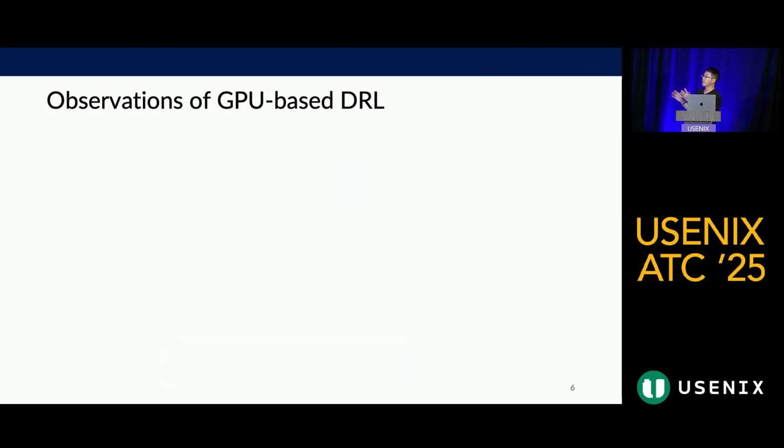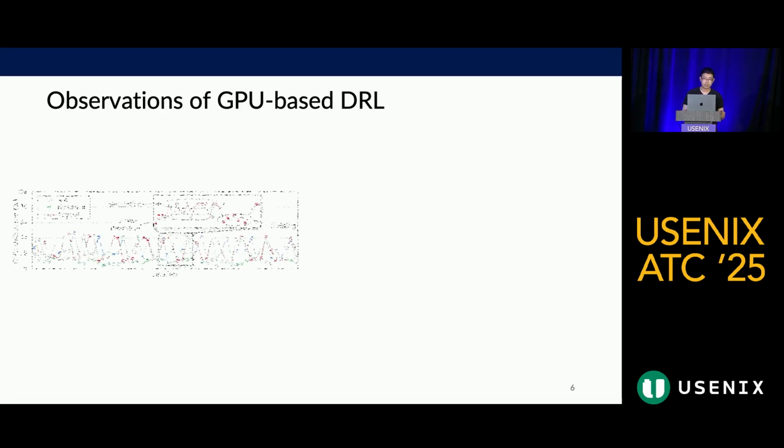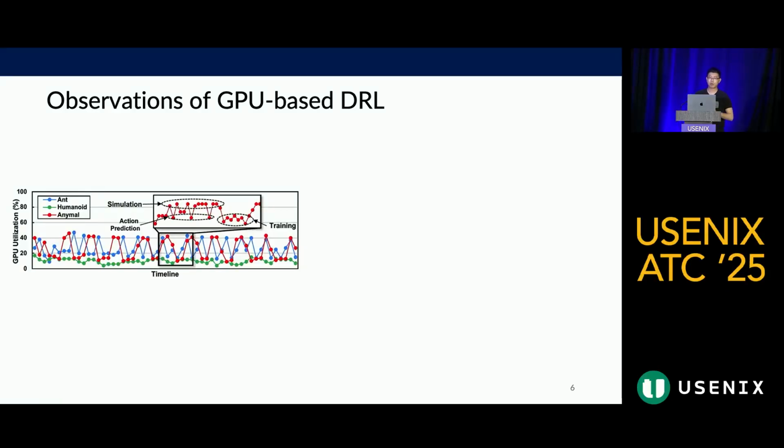Based on these paradigms, we want to ask what key observation we can have from this kind of interaction process. Specifically, based on our profiling, what we observe is that the overall simulation and training process to improve the policy exhibits a cyclic GPU utilization pattern, where those phases actually happen in a cyclic way.